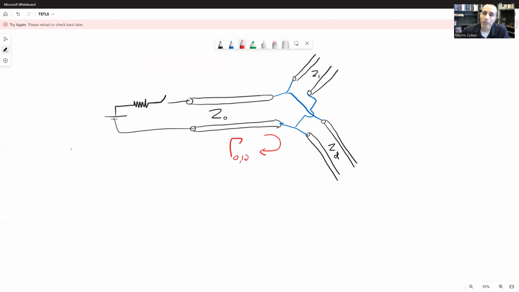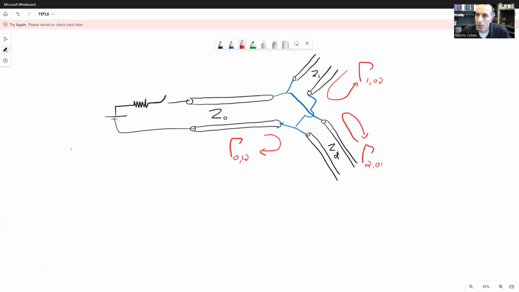This is the reflection coefficient for a wave coming along Z0 and approaching the junction with Z1 and Z2. We can define that everywhere. We can have a reflection coefficient that is coming along Z1 and hits the 0,2 junction. So this would be gamma 1,02. And finally, this reflection coefficient is gamma 2,01.